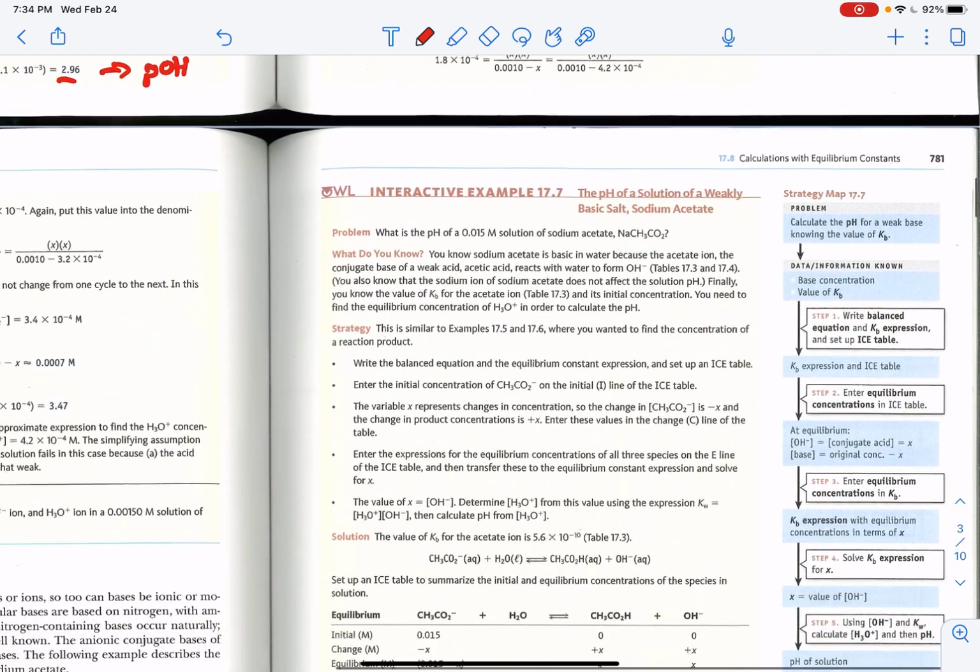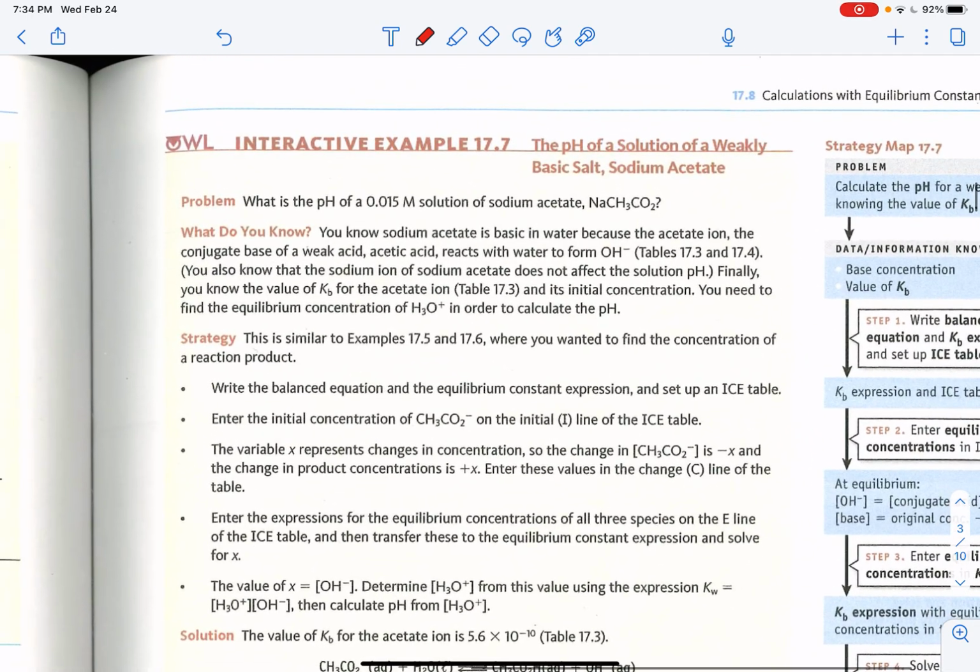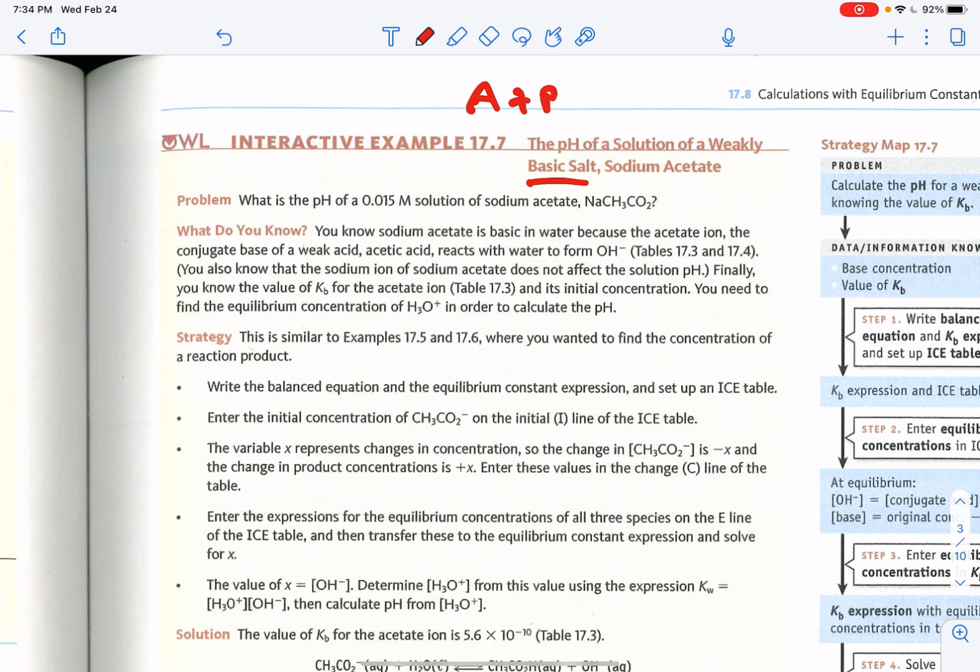All right, let's look at this next problem. Now this time, instead of having a weak acid or a weak base, we're going to have a basic salt. What do we mean by a basic salt? We haven't used that term yet. And by a salt, you know that a salt is going to be a cation and an anion. You can make a salt by combining an acid and a base, because acid plus base produces a salt plus water.